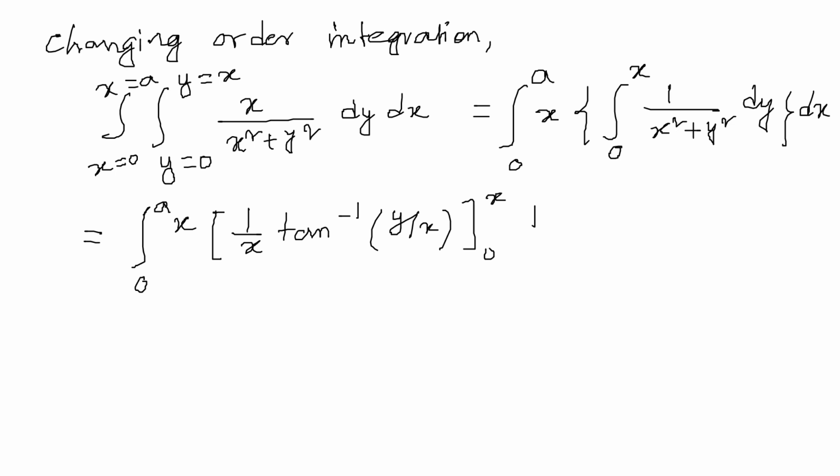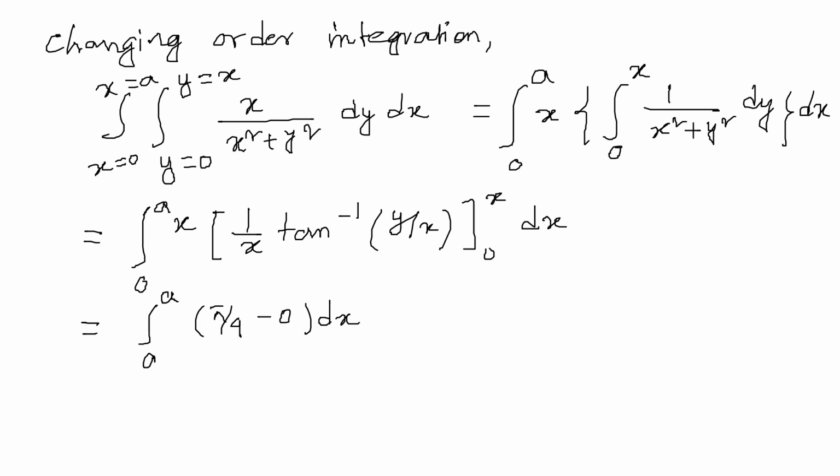Now you substitute the y limits: the upper limit y equal to x minus the lower limit, in place of y you substitute it. After substituting the y limit, we are getting, for the x limit 0 to a, pi by 4 minus 0 dx.